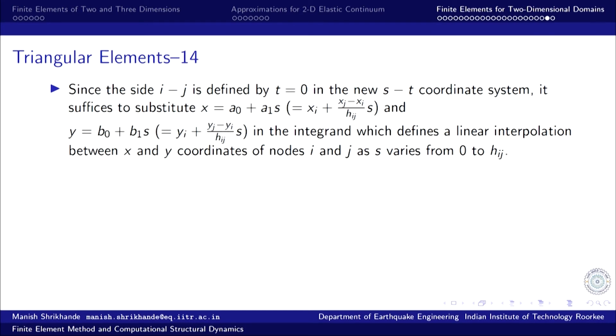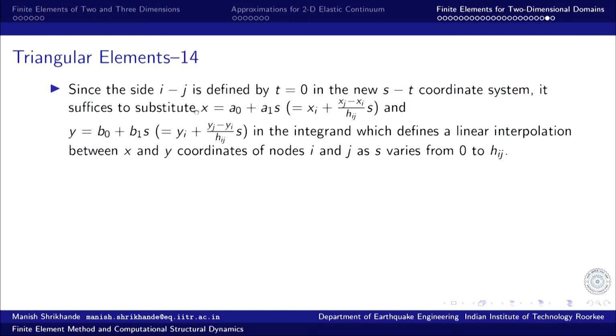So, no point in adding that term, no additional benefit. So, it is a linear interpolation between x y coordinates of I and j as s varies from 0 to h I j.